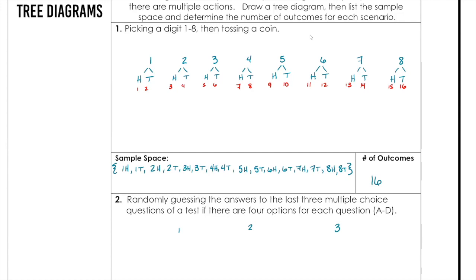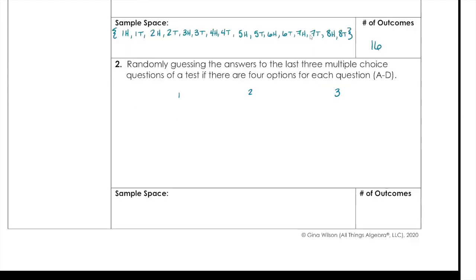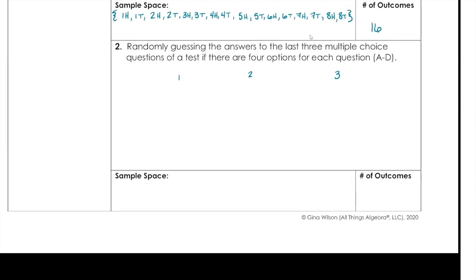Now, one that should hit really close to home for some of us. Randomly guessing the answers on the last 3 questions of a multiple choice test, when you've got 4 options, A through D. So you've got 3 questions. You've got no idea what it could be. But if I went through, I would say I could pick A, B, C, or D for the first one.